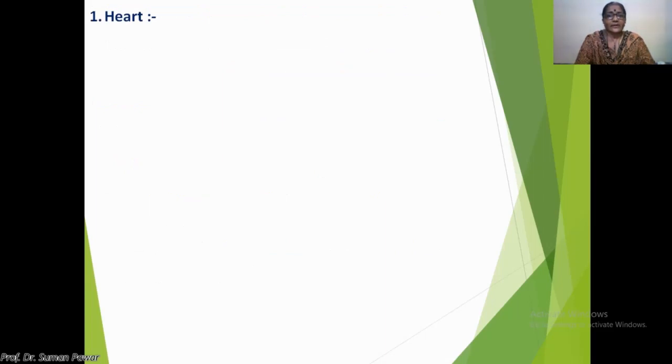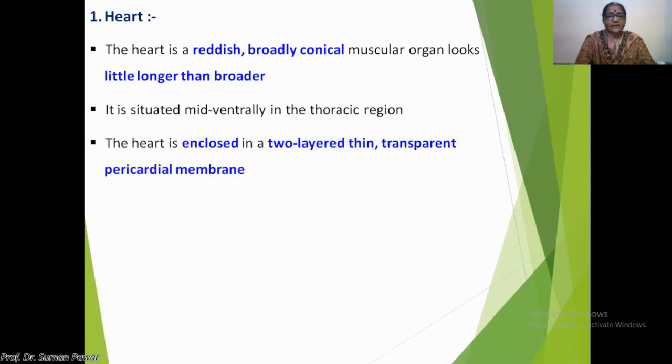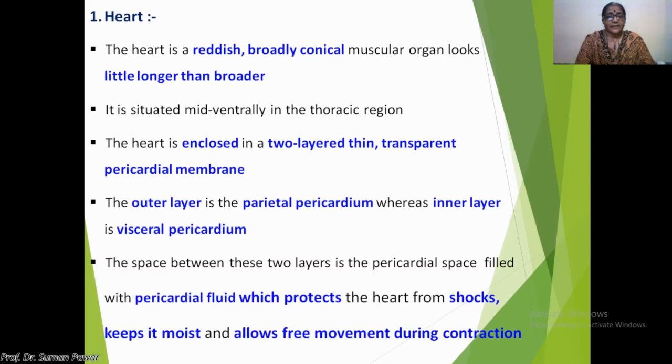The heart of Calotes versicolor is a reddish, broadly conical muscular organ which looks rather longer than broader, and it is situated mid-ventrally in the thoracic region. The heart is enclosed in a double-layered, thin, transparent pericardial membrane or pericardium. The outer layer of the pericardium is called parietal pericardium, whereas the inner layer is considered as the visceral pericardium.